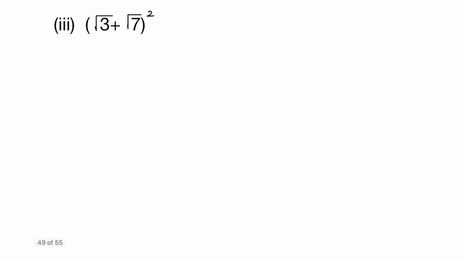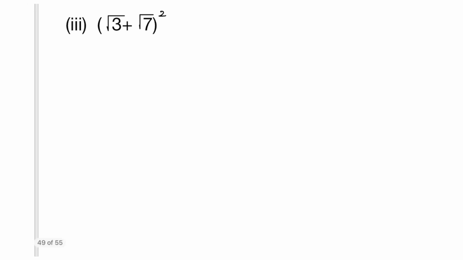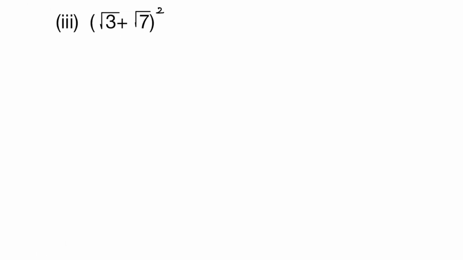Okay, now we are moving to the next subdivision of this question, which is root 3 plus root 7 the whole square. Now this is of the form a plus b the whole square, right? This is another identity that we know. A plus b the whole square is a very common formula, which is a squared plus 2ab plus b squared.